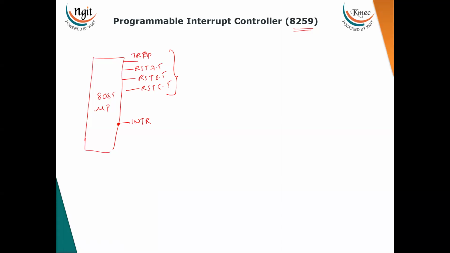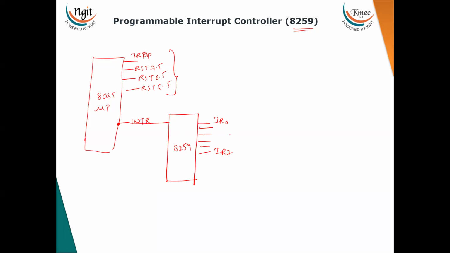To handle these interrupts, we connect the 8259 IC to the 8085. The 8259 is a programmable interrupt controller. This 8259 can control 8 interrupts, IR0 to IR7.